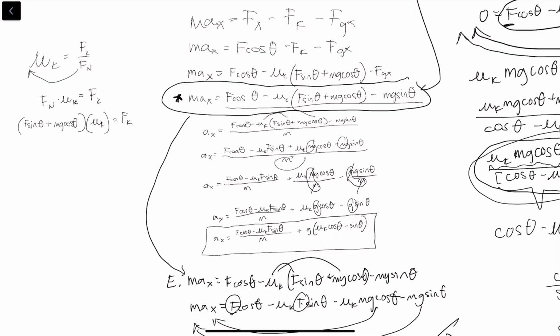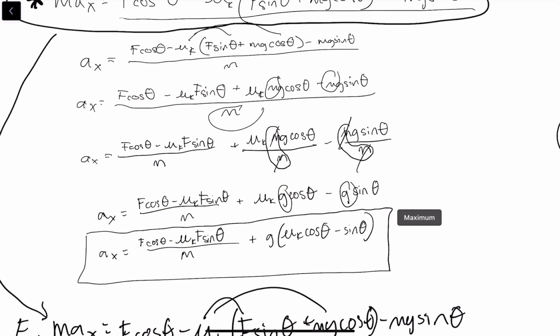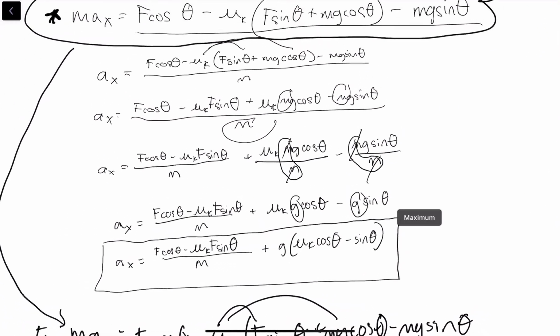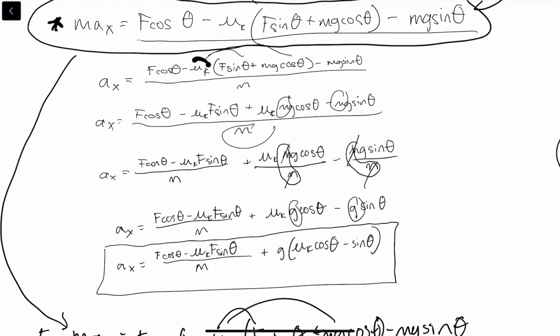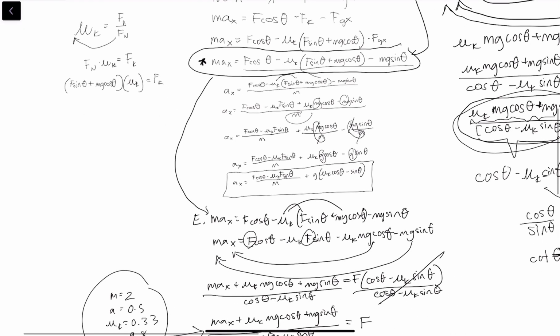equation for acceleration. So I actually noticed upon rewatching that I made a mistake, so I'm gonna fix it. Right here, when I distributed this negative mu to the insides, I didn't distribute the negative to this term. So I'm fixing it.